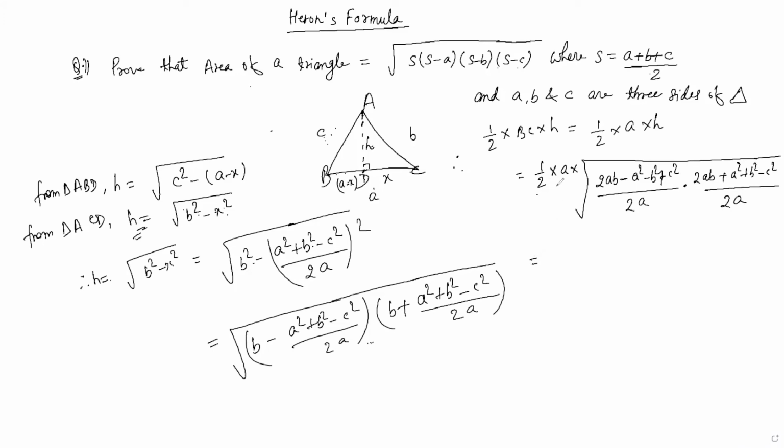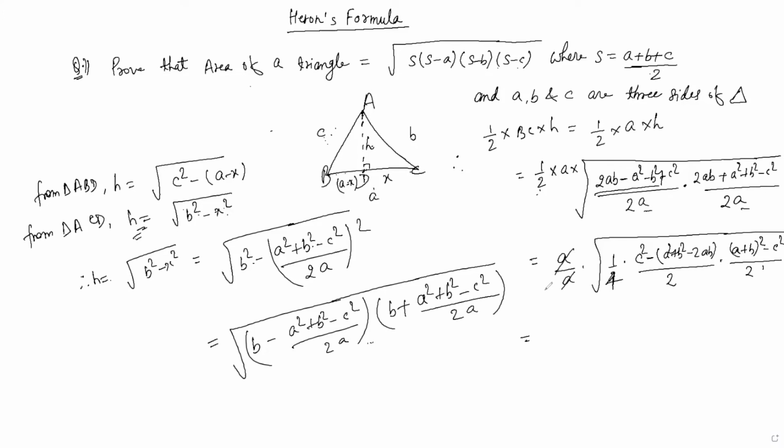Now we will take this 1 by 2 inside, and we will take this a outside. So it will become a by a into under root 1 by 2. When it goes inside, it will become 1 by 4 into, now this one is nothing but c square minus a square plus b square minus 2ab divided by 2, into this is nothing but (a plus b) whole square minus c square divided by 2.